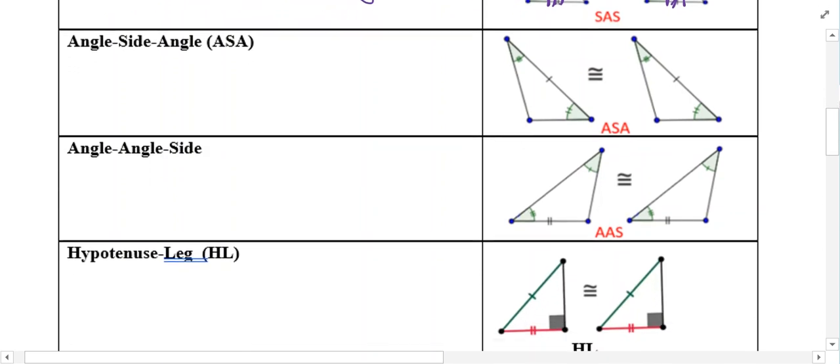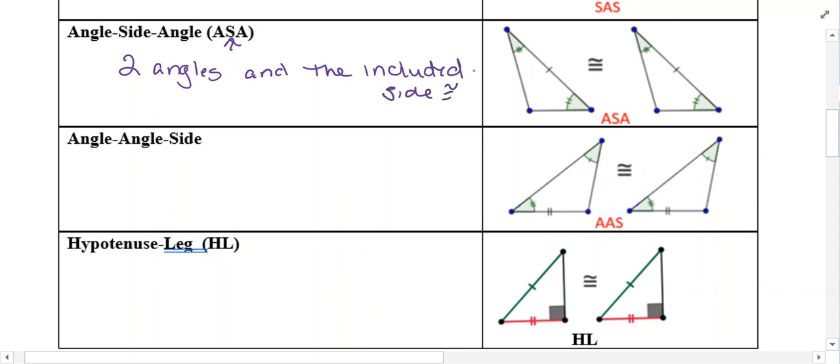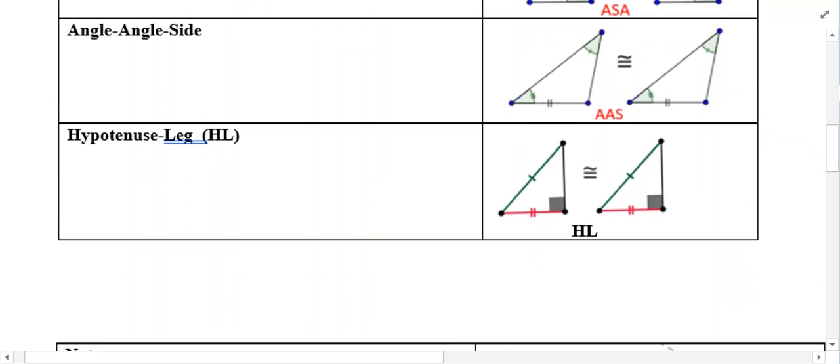The next shortcut is angle side angle. Notice that the side is between the 2 angles in the pictures. So here we show the 2 angles and the included side. The next one is angle angle side.